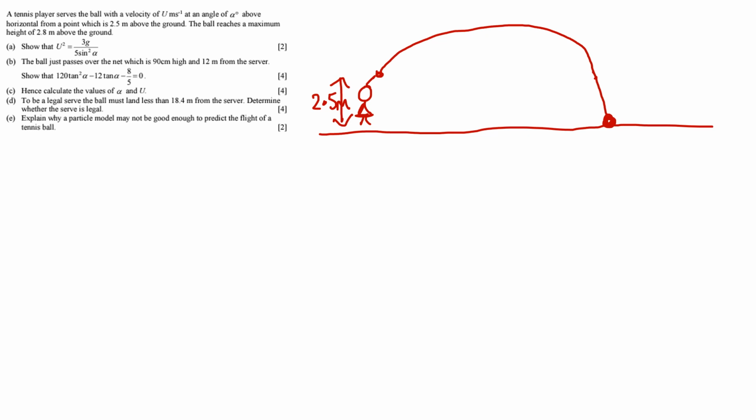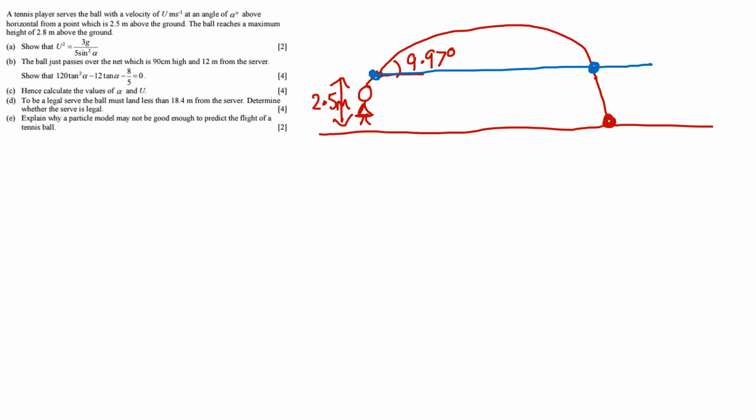Right, so we know that angle there, that angle alpha, is 9.97 degrees. We know at this height, I'll do this in a different colour, there, the displacement in height is 0. So you change your SUVAT now, we have to do SUVAT up and SUVAT along.